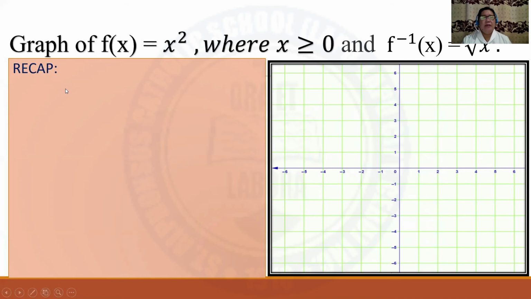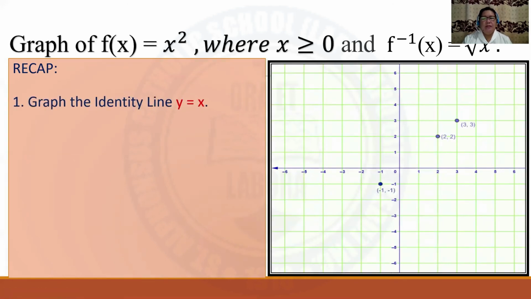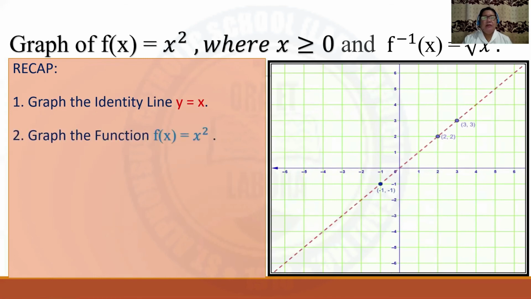So let us have the recap in sketching the graph of the function f of x is equal to x squared, where x is greater than or equal to 0 and f to the negative 1 of x is equal to square root of x. So first, we have to graph the identity line. Then we have to graph the function f of x is equal to x squared.